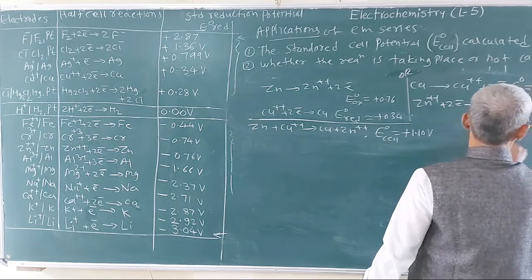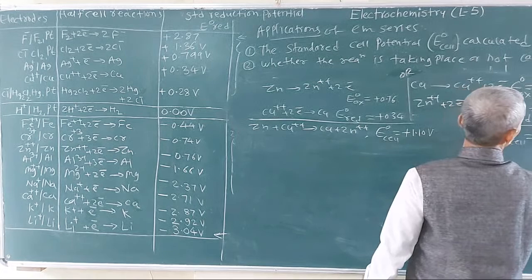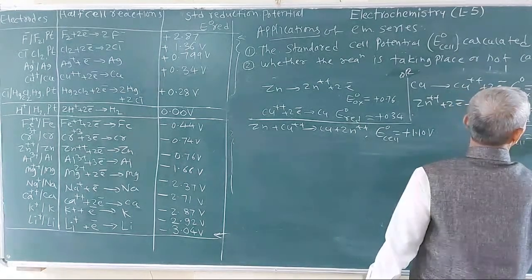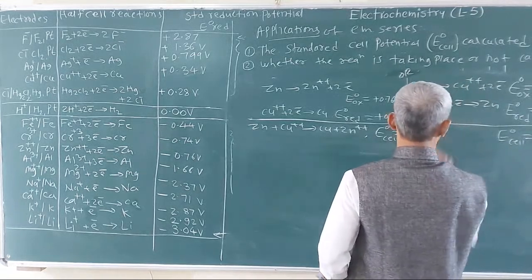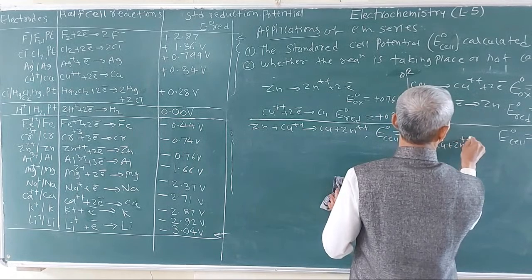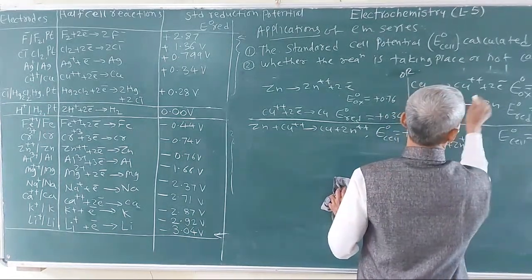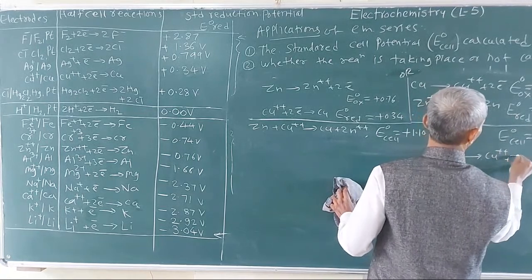If you add, you get E0 of cell by the formula as minus 1.1 volts. And the net cell reaction will be copper plus zinc ions giving copper ions plus zinc.